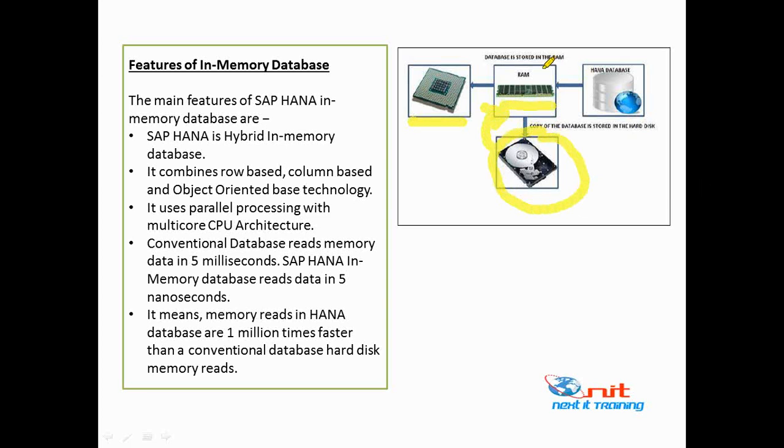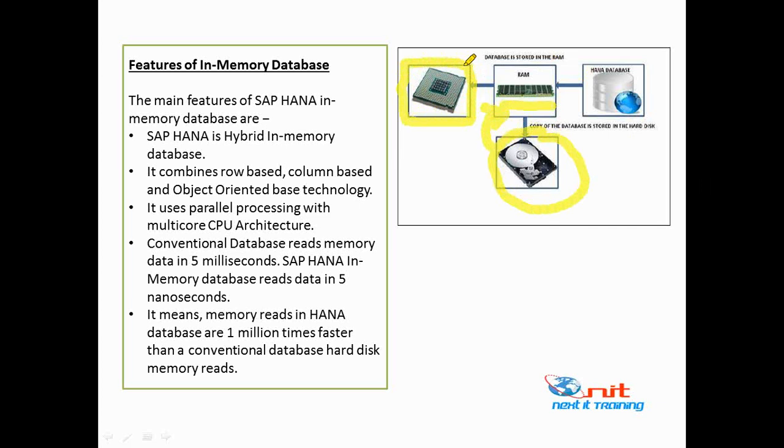So what happens when you try to access anything? It has multi-core processors. Generally in our normal CPUs we have Intel Core 2 Duo, dual core, or quad core processors, right? This hardware innovation comes with a huge number of cores to do parallel processing.